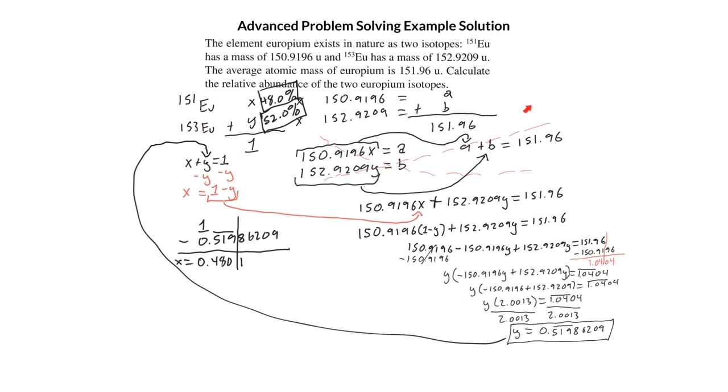Go with what you know. Get your systems of equations written out. Look at the big picture. Find what you're solving for and eliminate the variables that don't matter first. And then carefully substitute. Carefully watch your math and your sig figs, and you'll get your right answer.